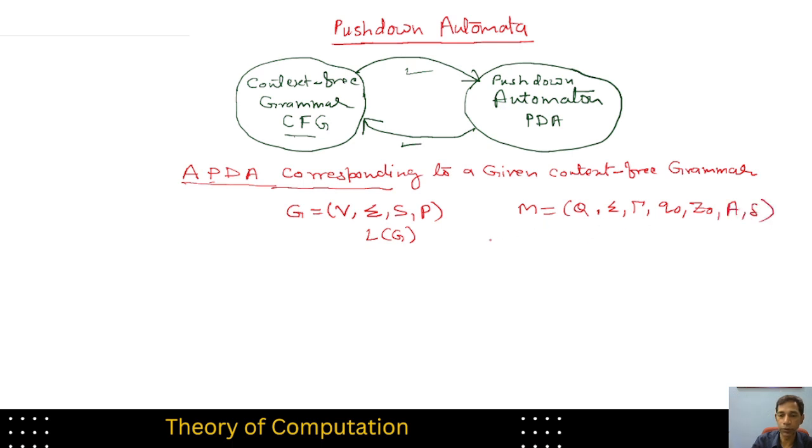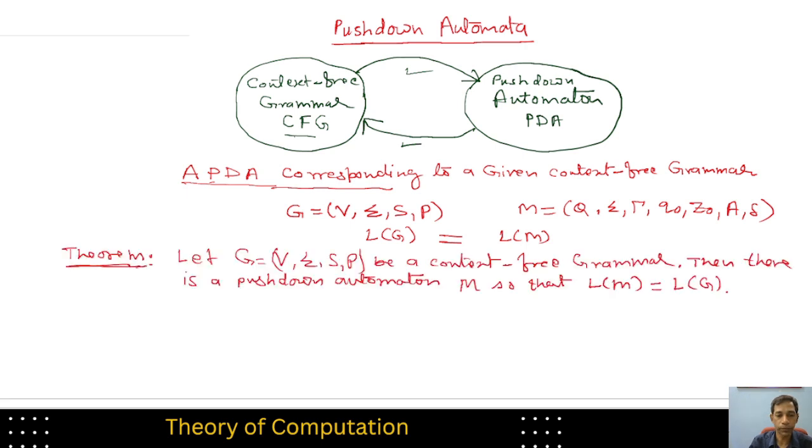This is the pushdown automaton, and the language accepted by the pushdown automaton is denoted by L(M). So here we want to obtain the pushdown automaton corresponding to the given context-free grammar, so that the language accepted by the PDA, L(M), is the same as the language generated by the grammar, that is, L(G) = L(M).